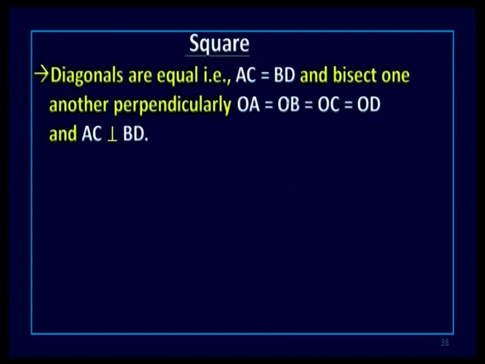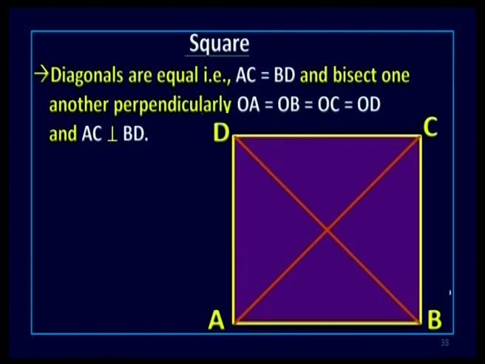Diagonals are equal and bisect one another perpendicularly. Children, observe here, I am taking a square ABCD, I am taking diagonal AC, I am taking another diagonal BD and they are perpendicular to one another and they are intersecting at which point, children? At O. And are they bisecting each other? Yes. So, what can you say?